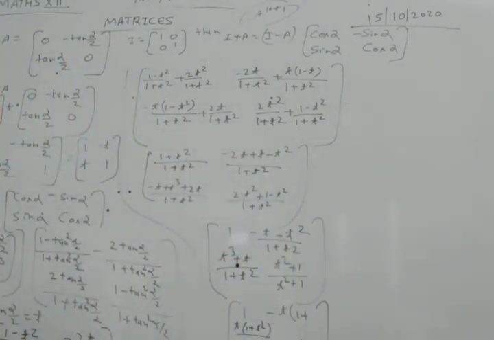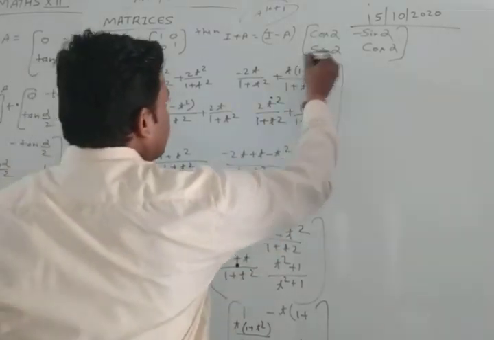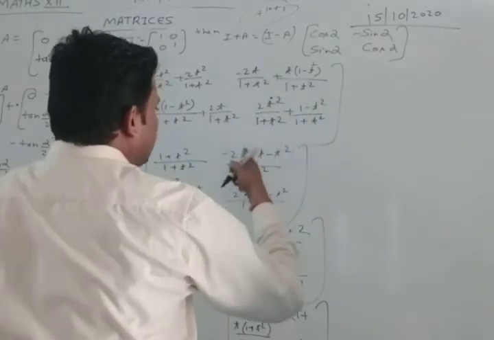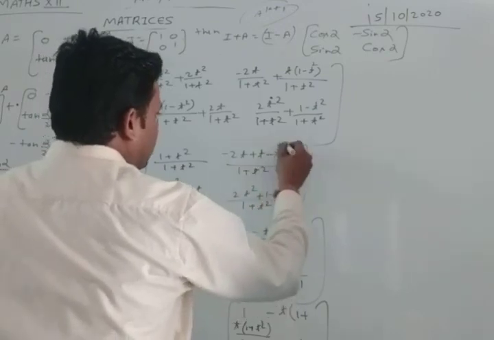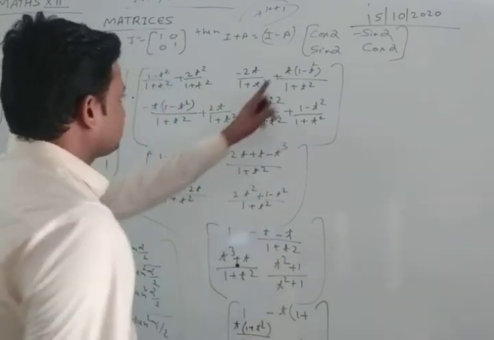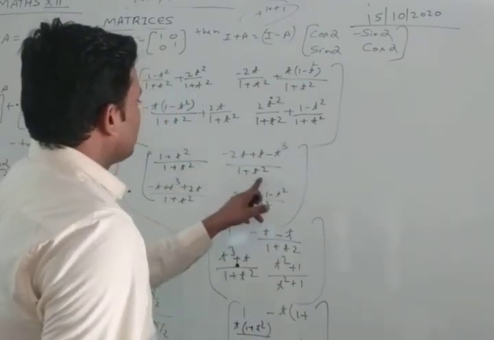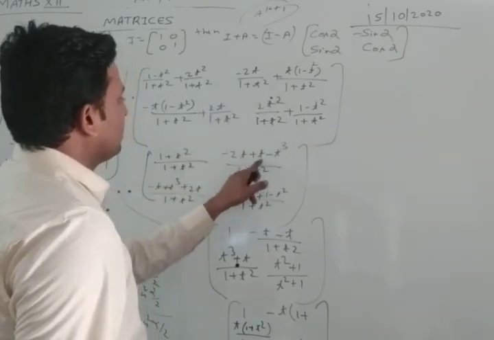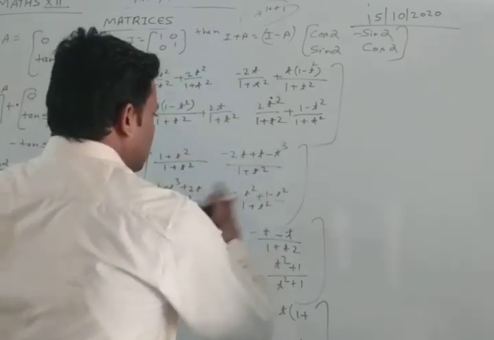Check this term, minus t, minus 2t upon 1 plus t square and t and this t. So here will be t square. Okay. So after multiplication we get t minus t cube, and here we get minus t. Taking LCM 1 plus t square: minus 2t plus t minus t cube and t.